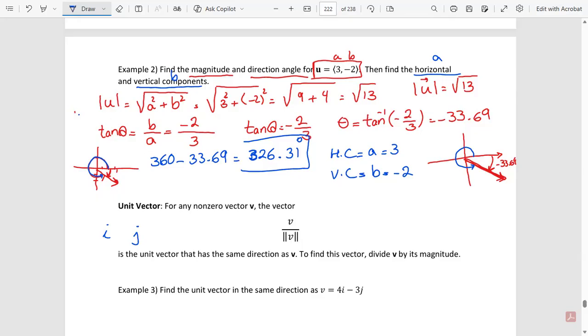But if we want to find a unit vector which is in the same direction as our vector, what do we do? We just divide the vector components by the magnitude of the vector. If we do that, we will have another vector which has the same direction as our vector.